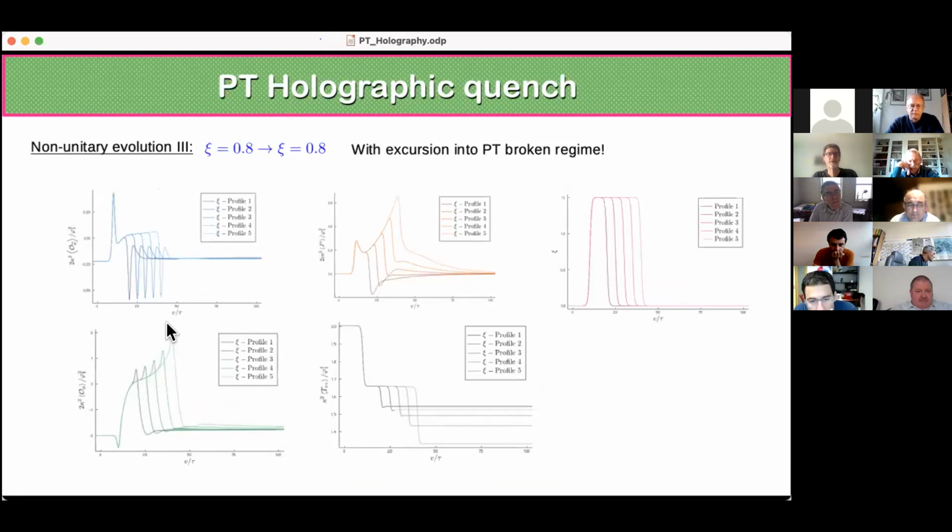This guy wants to grow exponentially, and you have to come back to the PT symmetric regime before this guy does something nasty to you. Okay, so I can understand that when I'm there, it's related to these unstable solutions. Yeah, well, the thing is quite complicated, because as you know, there is a limiting value for this psi, depending on the temperature. Exactly.